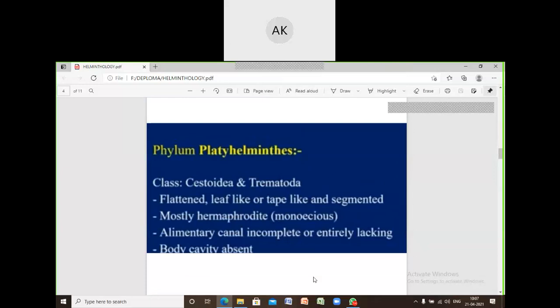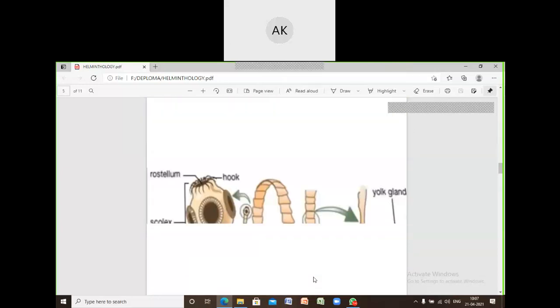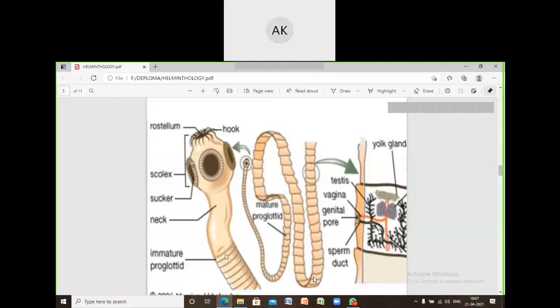They are flat, leaf-like or tape-like, and segmented. You can see the hook at the top of the head, and the tape-like structure, segmented.